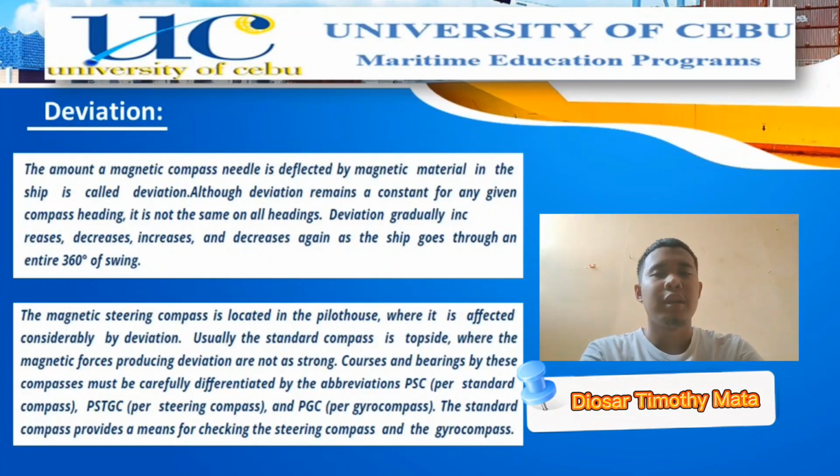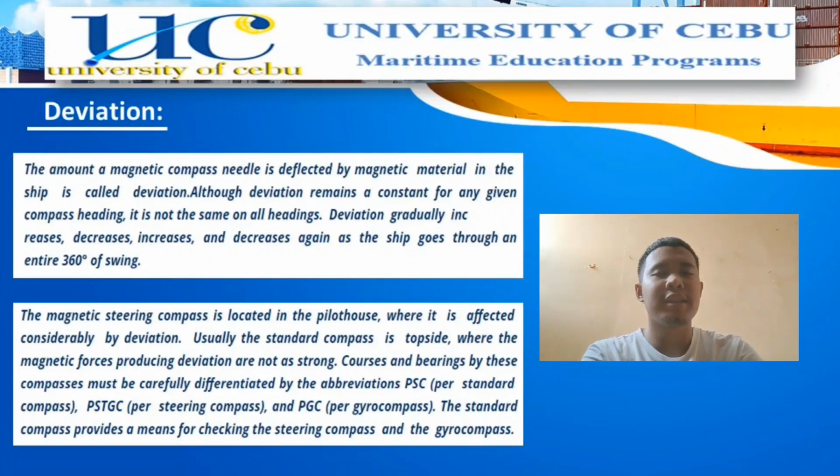Deviation: the amount the magnetic compass needle is deflected by magnetic material in the ship is called deviation. Although deviation remains constant for any given compass heading, it is not the same on all headings. Deviation gradually increases, decreases, increases, and decreases again as the ship goes through an entire 360 degrees.